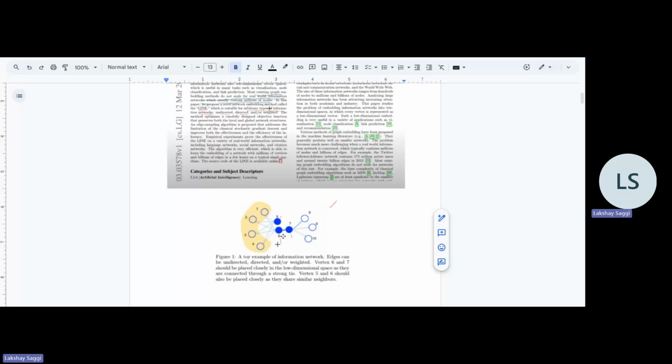So 5 and 6 should be close in the graph embedding because they share a very large neighborhood. Similarly, 6 and 7 should be close in the graph embedding because they share a very strong tie. These are the underlying ideas behind the LINE network.